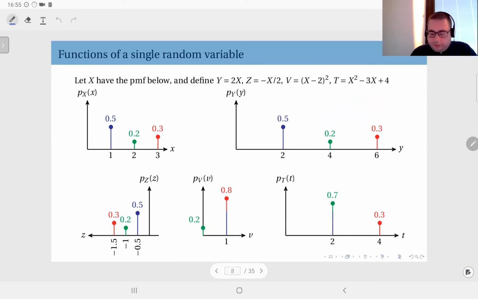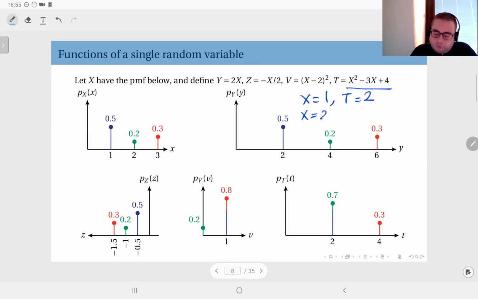And finally, let's define T as this function, x squared minus 3x plus 4. Similarly, when x equals 1, T equals 1 squared minus 3 times 1 plus 4, you get 2.